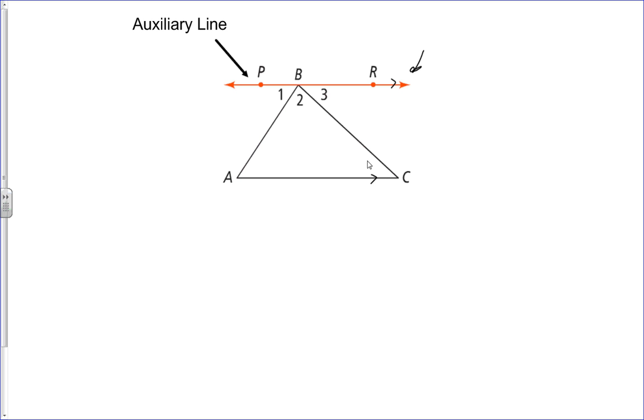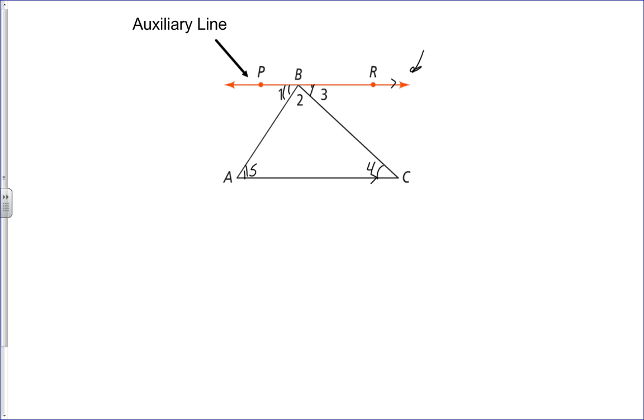Since it was drawn parallel, that means that angle 3 here, and we're going to call this angle 4, we know those are alternate interior angles. So we know that angle 3 is congruent to angle 4. And since 1, I'm going to draw 5 in here, since we know 1 and 5 are also alternate interior angles, we know that angle 1 is congruent to angle 5.